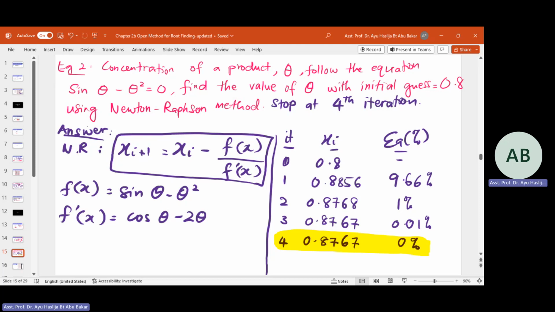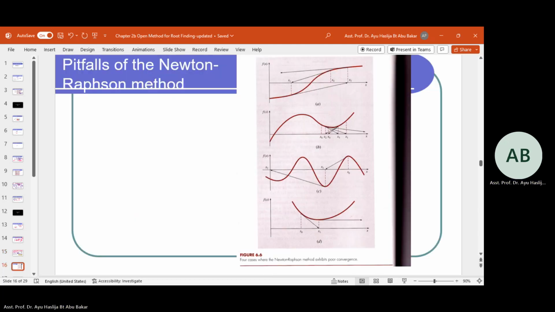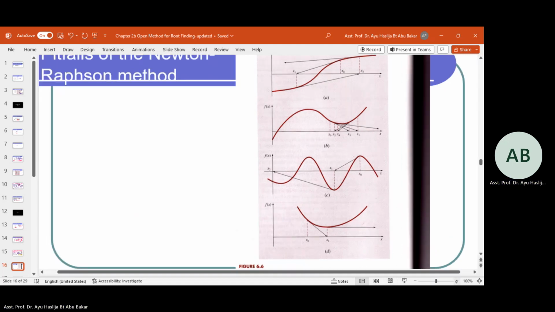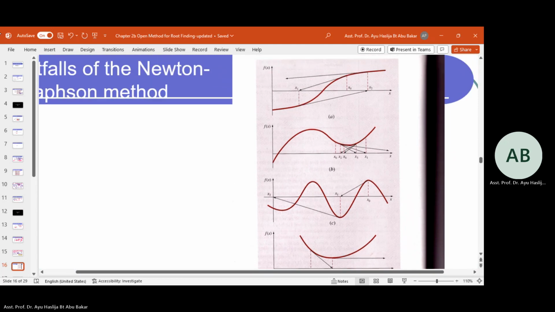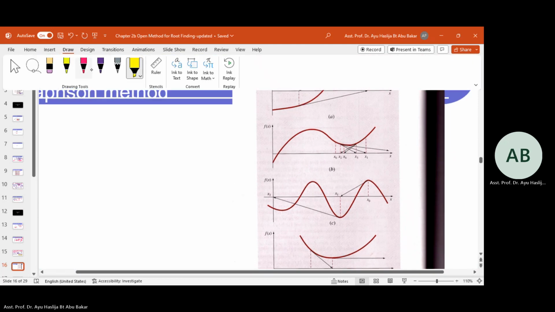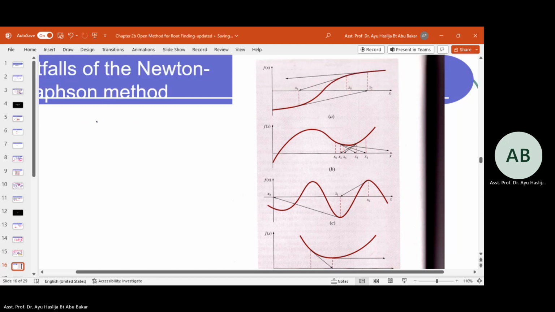Rabia? Get it? Okay. So Newton-Raphson has its own pitfalls, meaning the limitations and the disadvantages. Let me make it bigger. We know that Newton-Raphson finds the new point according to the slope of the point.